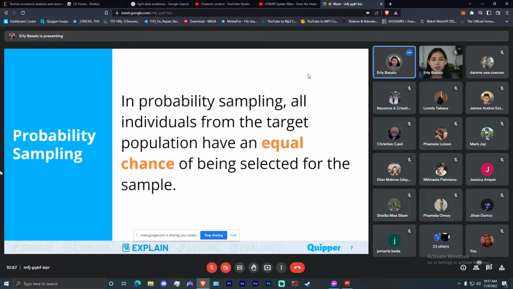Okay, there are two categories of sampling procedures. We have probability and non-probability sampling. In probability sampling, there are three types. All individuals from the target population have an equal chance of being selected for the sample.